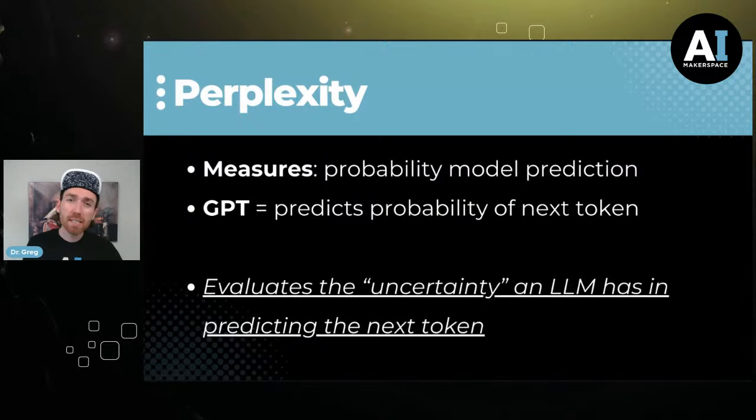But a GPT style LLM is going to predict the probability of the next token, right? It's an auto-regressive next word predictor. And so what we're doing is using perplexity in general to evaluate the uncertainty that an LLM has in predicting the next token. Of course, we can look at text that's been written already, and we could say, is the model perplexed by this?